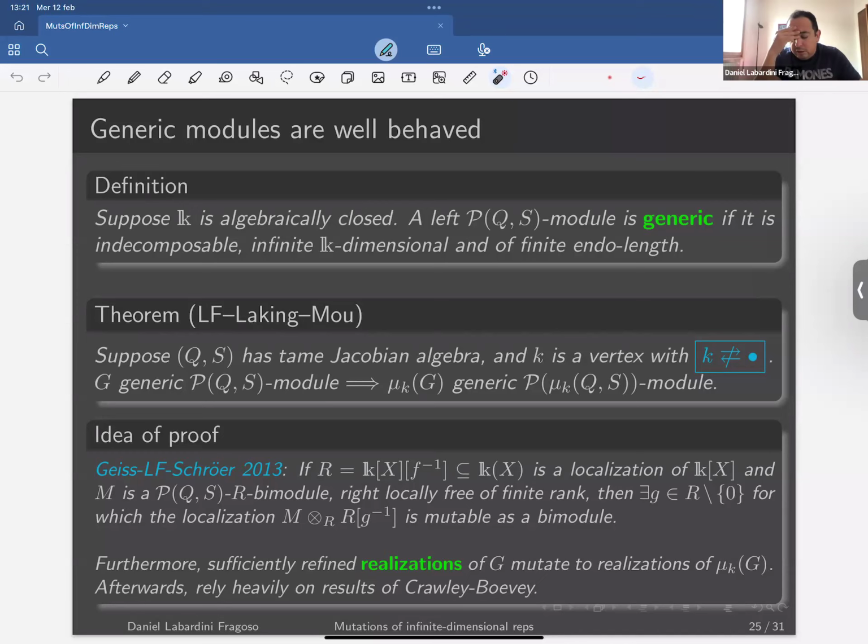Yeah. So this is something that is still on the to-do list, but what we would be proving is that mutation of co-silting is co-silting. And actually, mutation of a co-silting pair is a co-silting pair.